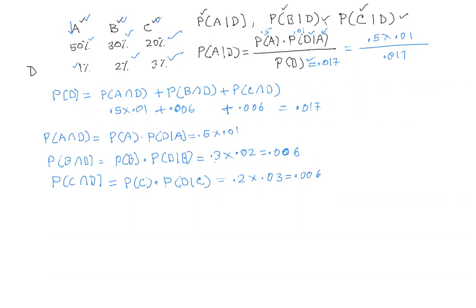If you do the math, the probability that A made it comes out to be 5/17, which is approximately 0.2941 or 29.41%.